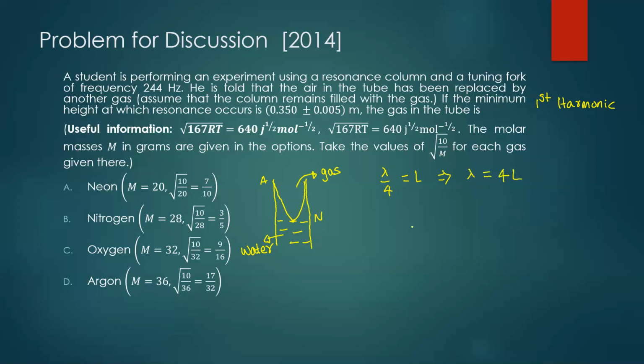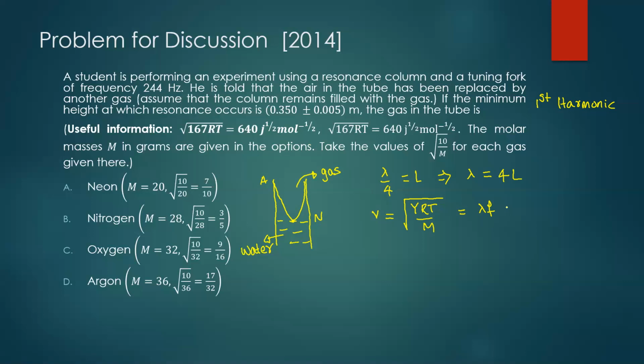Okay. And the speed of sound in air or in any gaseous medium, you can write it as square root of gamma RT by M. Now, if I use the relation between frequency, wavelength and velocity, I can also write this as wavelength into frequency. The frequency is given, that is 244 hertz.